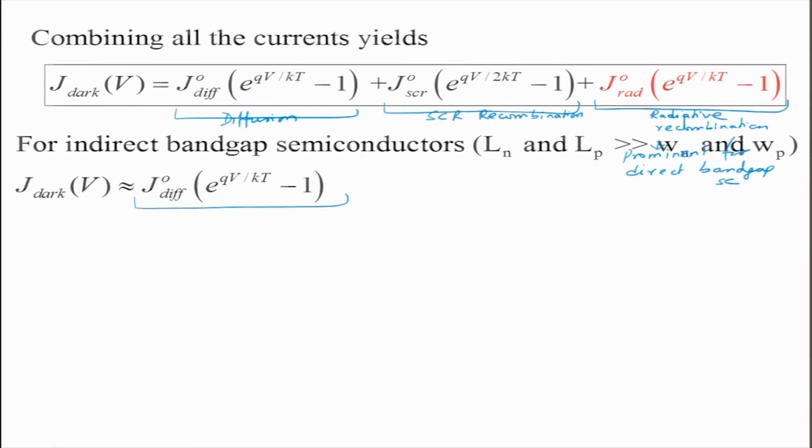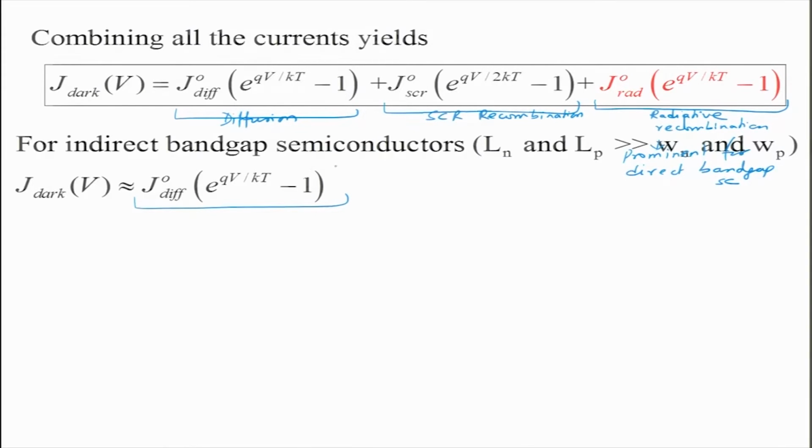Radiative recombination is also smaller in indirect band gap semiconductors, because you need phonon assistance there, and that does not enable recombination very easily. So, these two terms are not so prominent for indirect band gap semiconductors, which have longer minority carrier lifetimes and, as a result, longer diffusion lengths. In this case, only the diffusion-related dark current persists.